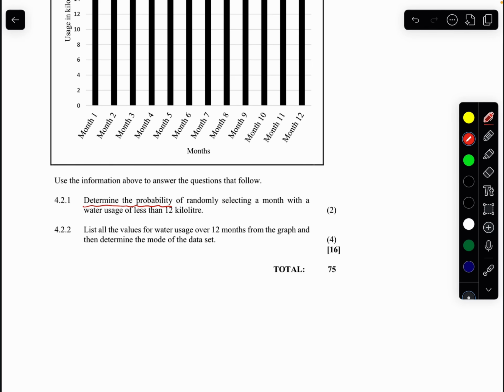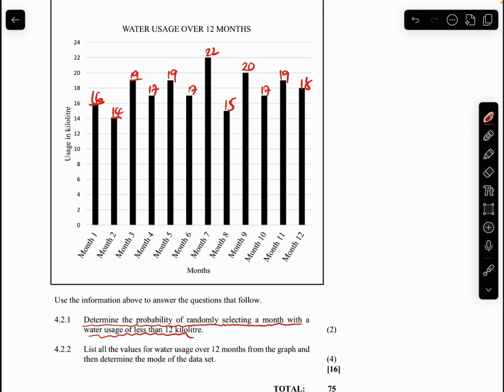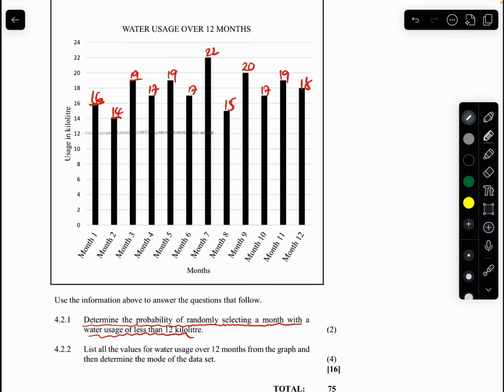It says determine the probability of randomly selecting a month with a usage that is less than 12 kiloliters. Let's go to 12 and see. Here's 12. Is there any number that is less than 12?